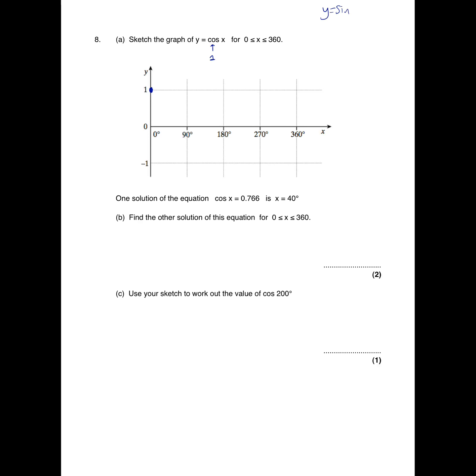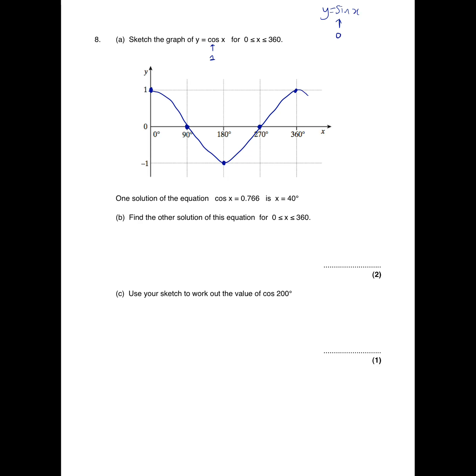If it had been a sin x graph, that would have reminded me to start my graph at 0. So I start at 1, 0 at 90, minus 1 at 180, back to 0 for 270, back to 1 for 360. I'm drawing a wave. That wave would continue if I was going to continue the graph past the first interval.